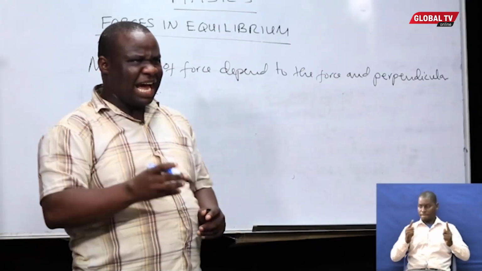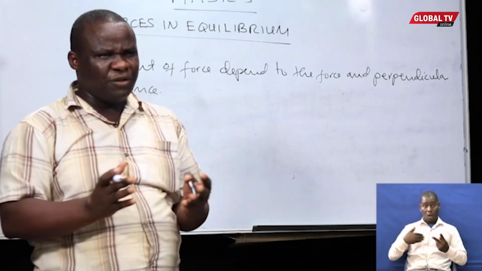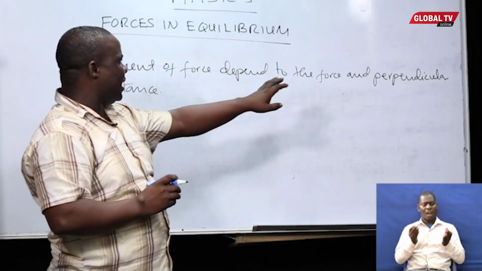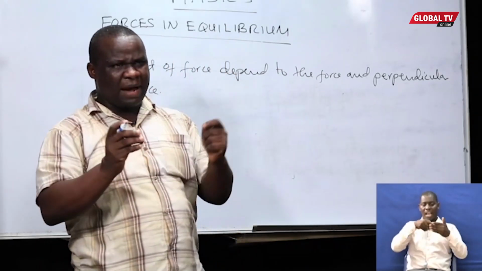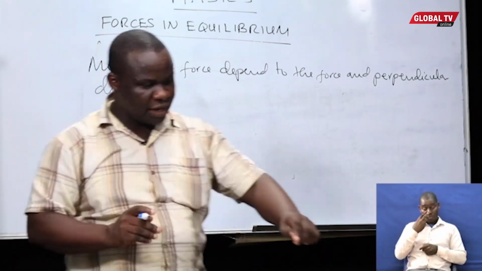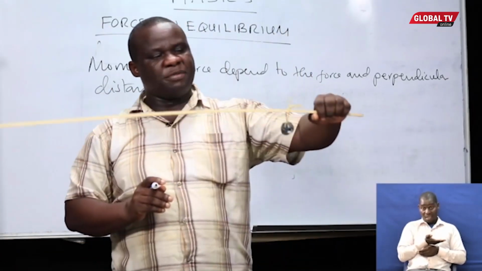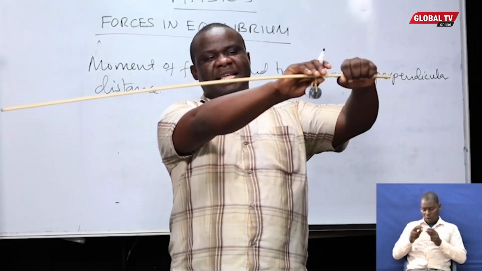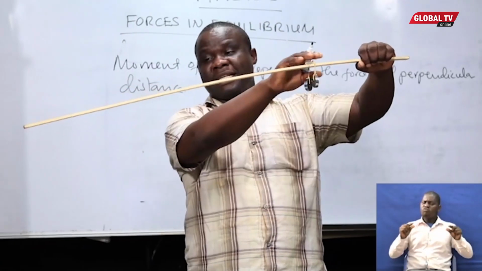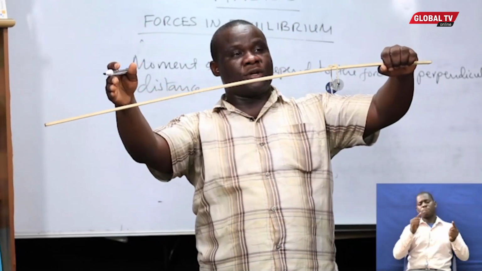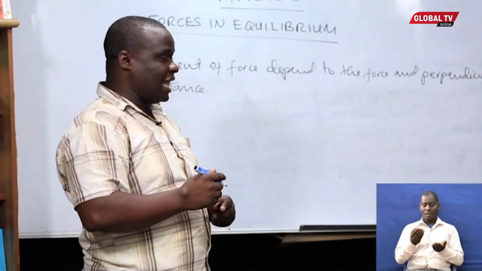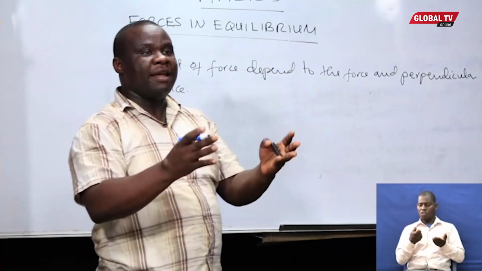But to be clear now, we have to define clearly the relationship of this force and the perpendicular distance. In what manner are they related? As you see here, we have observed that as the distance increases, the turning effect also increases. So this relationship is in such a way that it has to be in multiplied form.